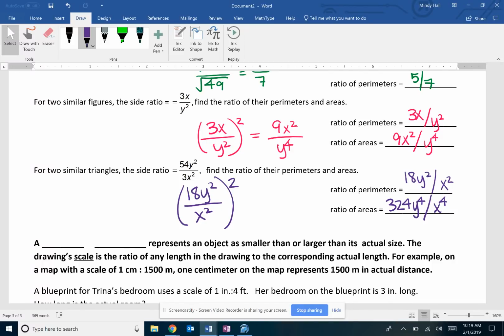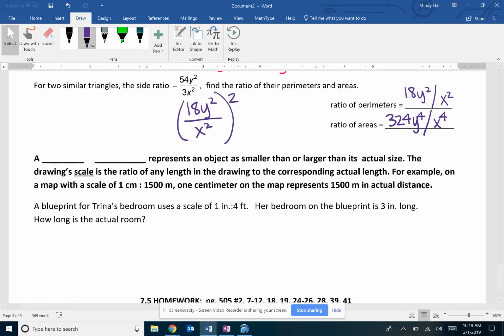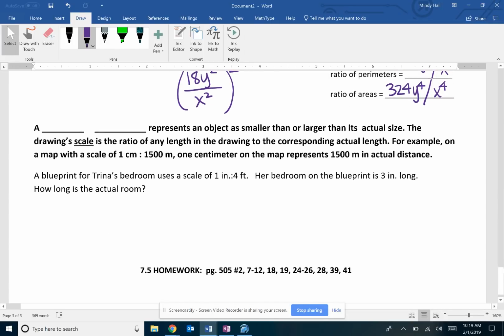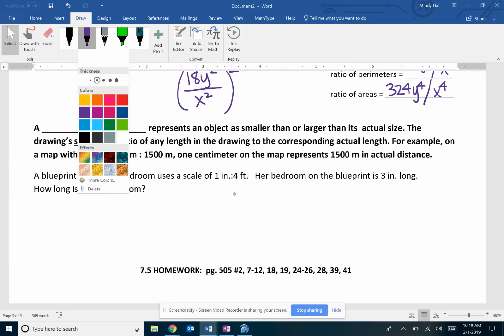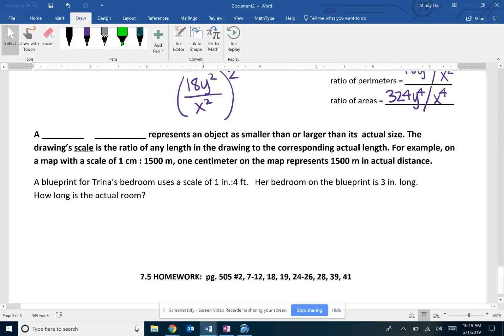Okay. So then, last short little bit, we have a blank, and in the blank, it is a scale drawing. A scale drawing represents an object as smaller or larger than its actual size.